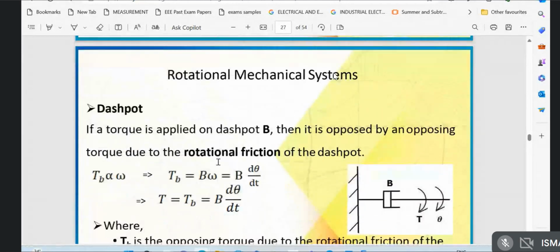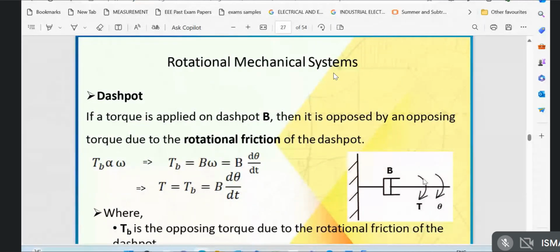The dashpot, when rotated, has a friction anyway. If a torque is applied to the dashpot, then it is opposed by an opposing torque due to the torsional friction of the dashpot. The TB is proportional to the angular velocity omega.